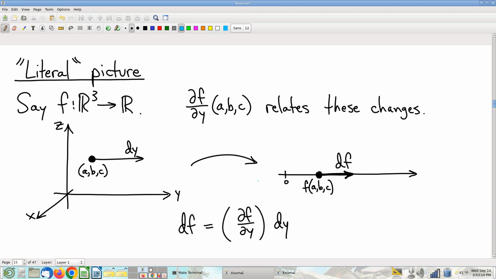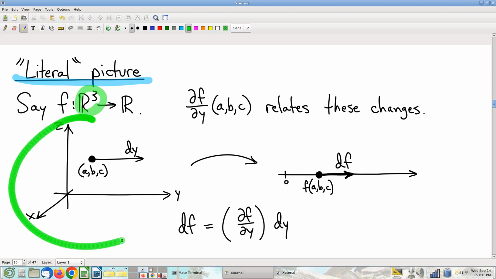We're going to now look in a different picture. Remember, not all pictures are graphs. We have these other kinds of pictures. This is one of my favorites, actually, but I call it the literal picture. You'll recall we talked about this before. And notice, if you've got a function whose domain is R3, okay, I can draw R3. There it is. And if the target is R1, well, okay, I can draw R1.